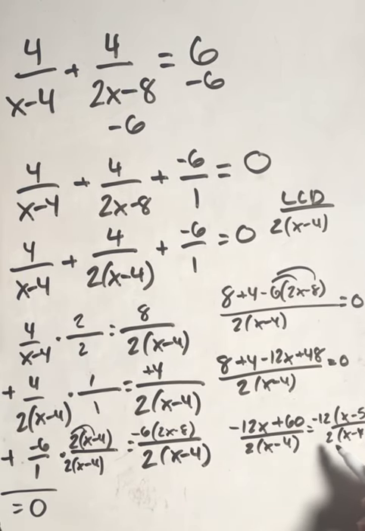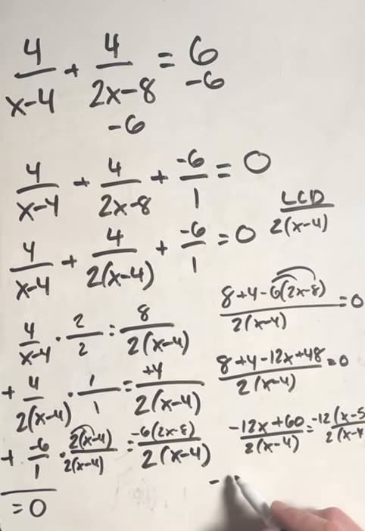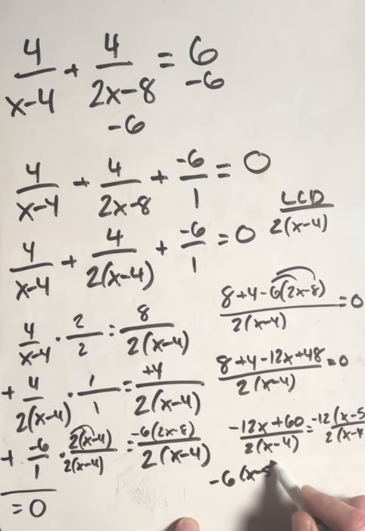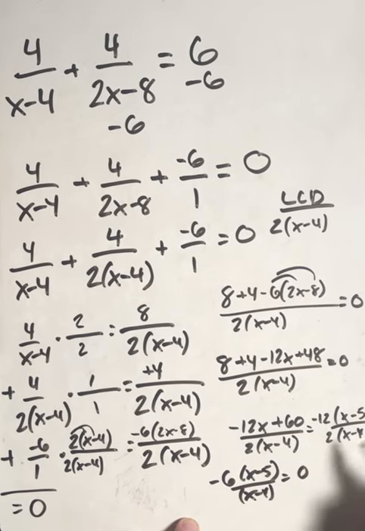Negative 12 divided by 2 would be negative 6, times x minus 5 over what is now x minus 4 equals 0.